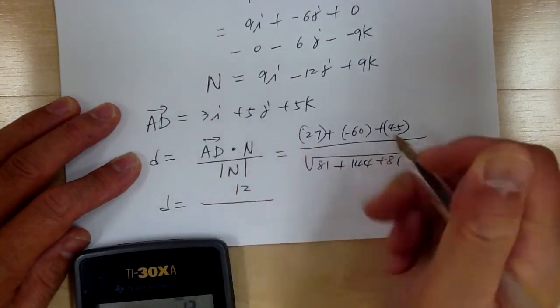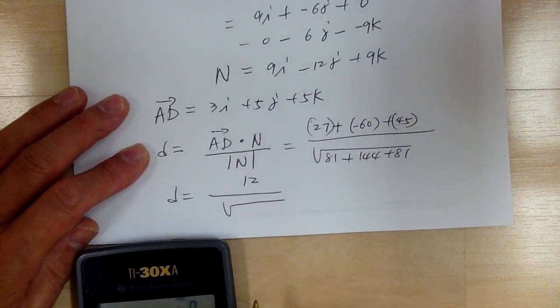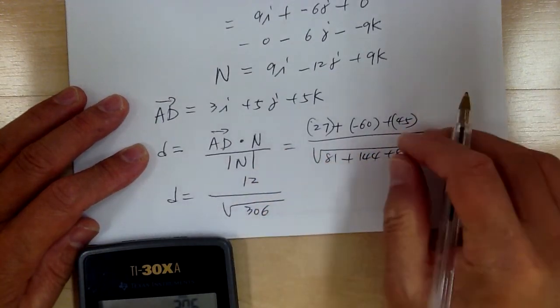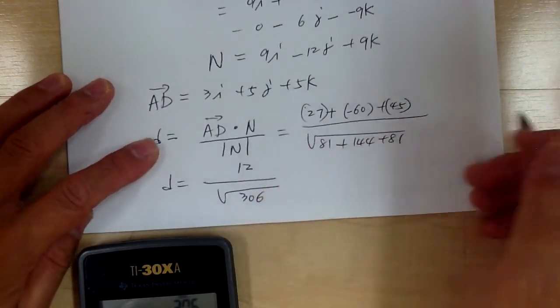But it's equal to 12, and if we take the square root of 306, you've got to simplify that.